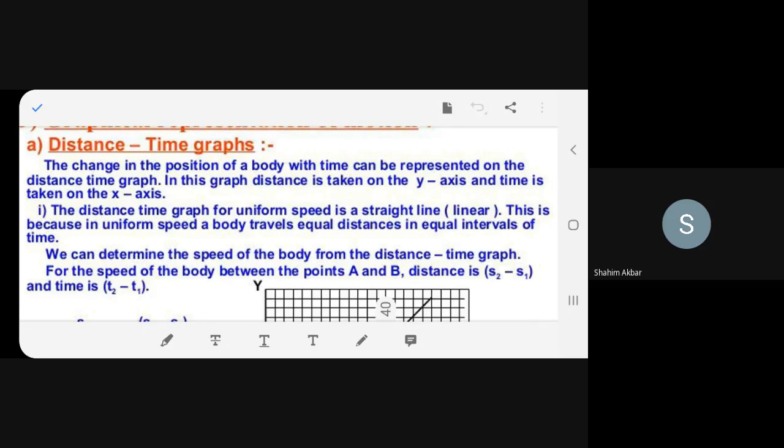As simple as that. The very first thing you have to do is take time on the x-axis and distance on the y-axis. You cannot reverse it. So time has to be on the x-axis and distance has to be on the y-axis. Fine.